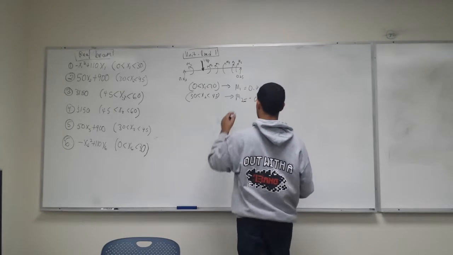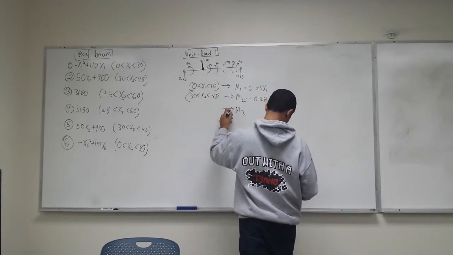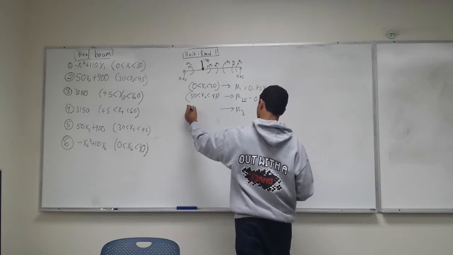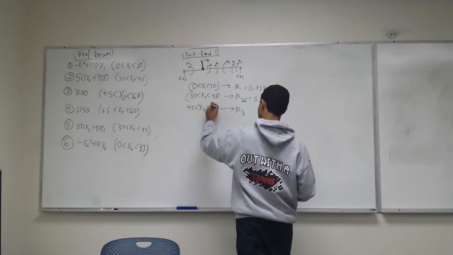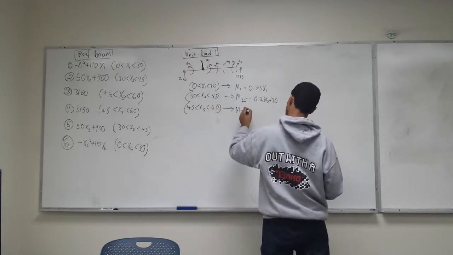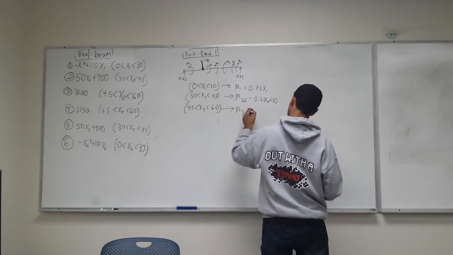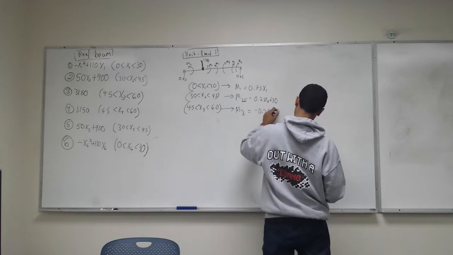For M3, we go from 45 feet to 60 feet, and our expression is equal to negative 0.25 x3 plus 30.